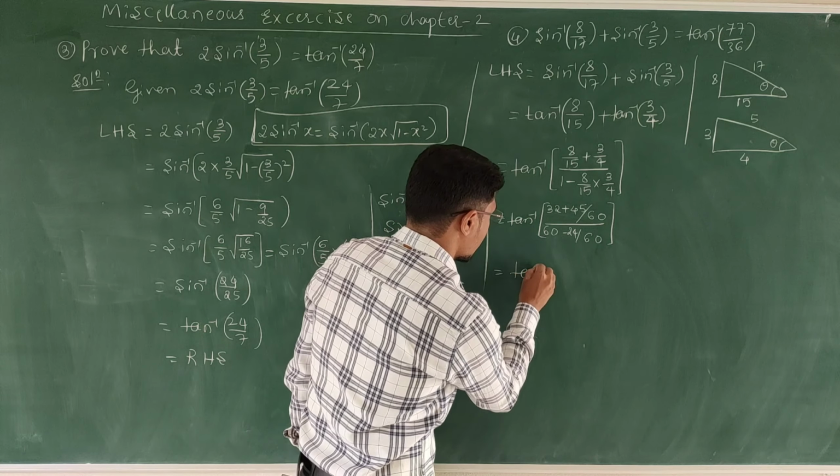Okay, so write LHS first. Cos inverse 4 by 5 plus cos inverse of 12 by 13.